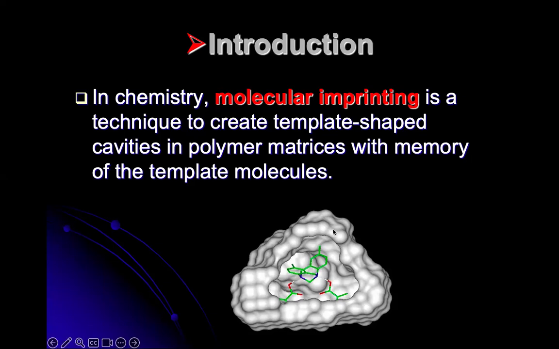These are the cavities inside the polymer, designed to have the specific shape of the template. So how do we design the cavities to have that specific shape? Probably you are not familiar with what a template is, but at least you know these are cavities with a specific shape.